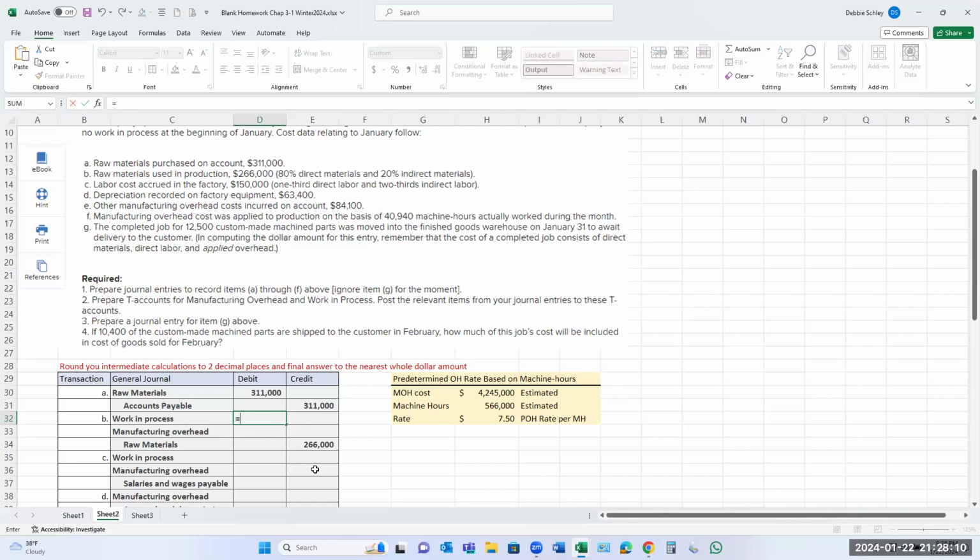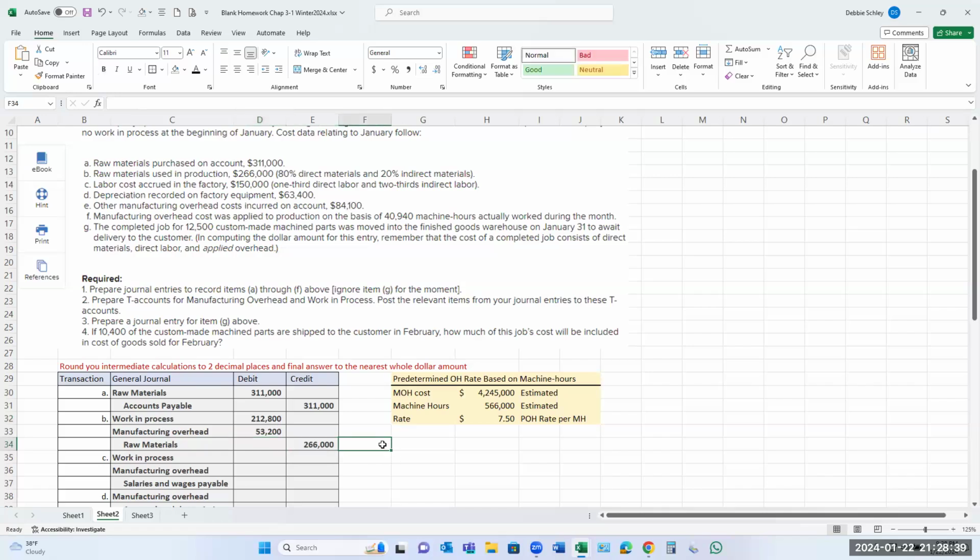So because I'm in Excel, I'm going to take equals this times 0.8 for 80%. And then my indirect, I could either take this number and subtract this number to get manufacturing overhead indirect raw materials, or I can multiply. So I'm going to multiply again because they told me 20%, equals this times 0.2.